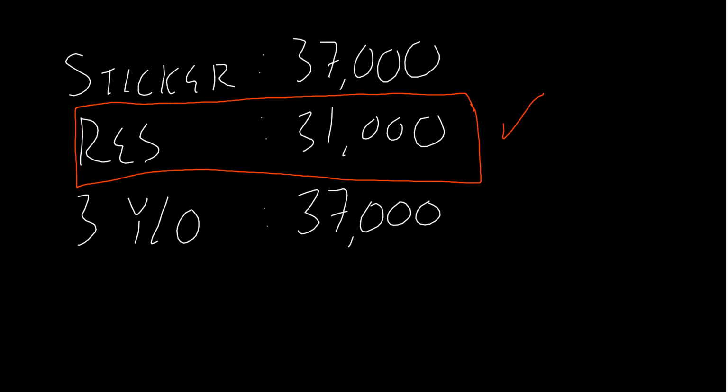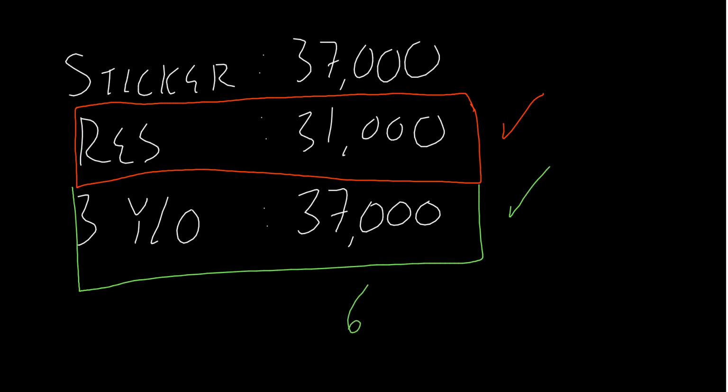What I can do now is I say, okay, I get the loan, I sign a loan. I don't care what the length is, 3, 5, 7 years. It doesn't matter, because what I'm going to do now is I'm going to turn right back around and sell the truck for $37,000, which obviously means I net $6,000.